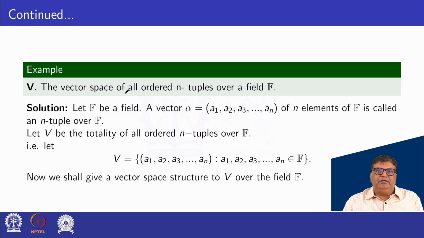The vector space of all ordered n-tuples over a field F. This is an important example of a vector space. Explanation: let F be a field.